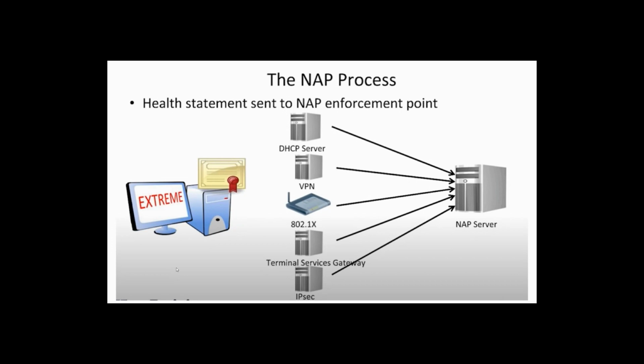So enforcement means how you want to control your network. That's why it's called enforcement points. And points, it's the point where you can perform the access check or the access control check. So again, DHCP can check and then distribute the IP address based on the result of the health check.